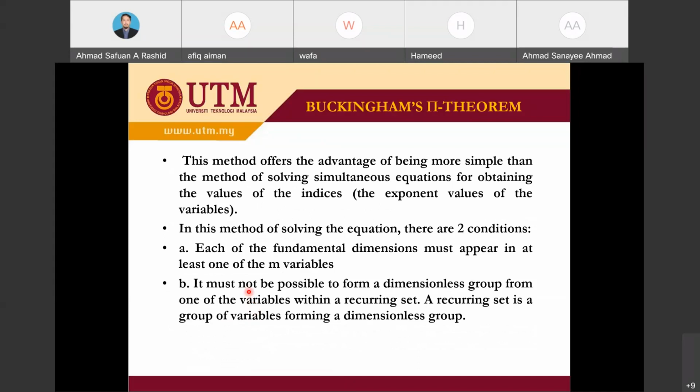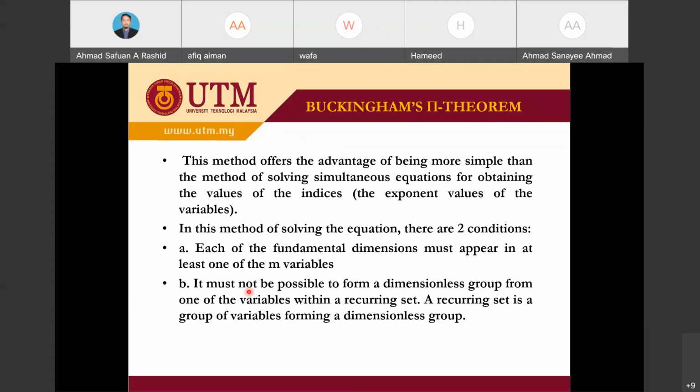So this method is much easier compared to other methods in providing this kind of dimensionless equation. In this method of solving the equation, there are two conditions that we need to obey. The first one, each of the fundamental dimensions must appear in at least one of the m variables. That is the first rule.